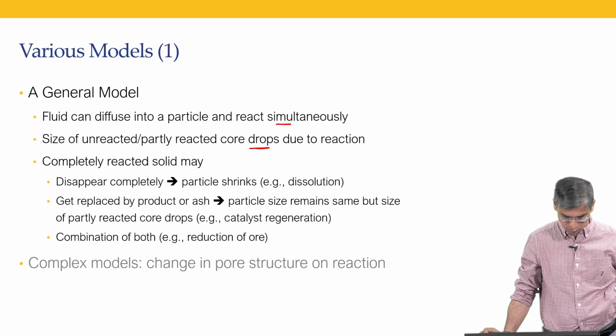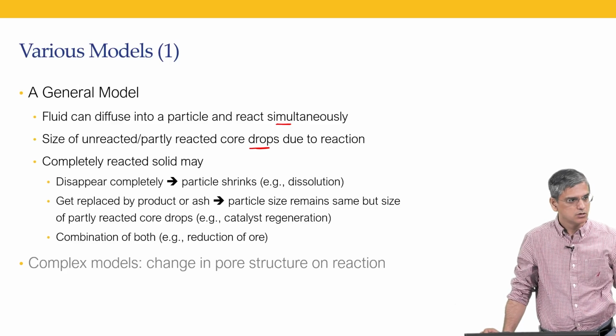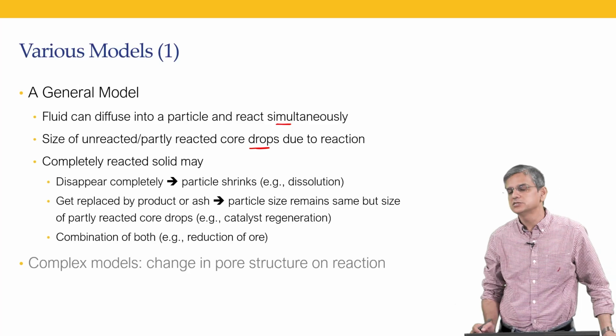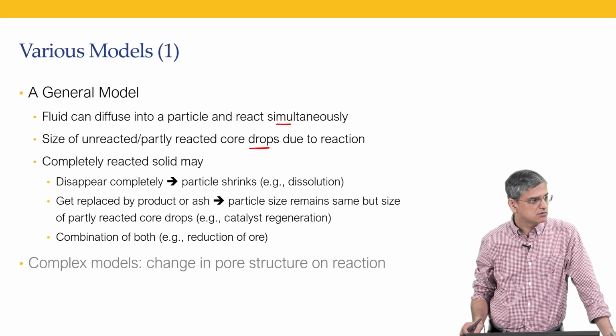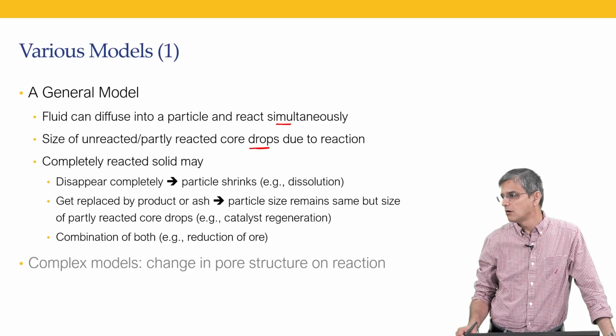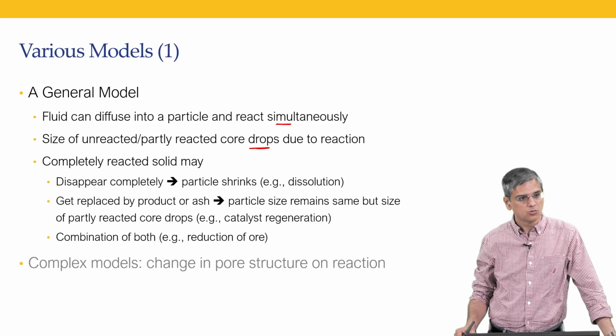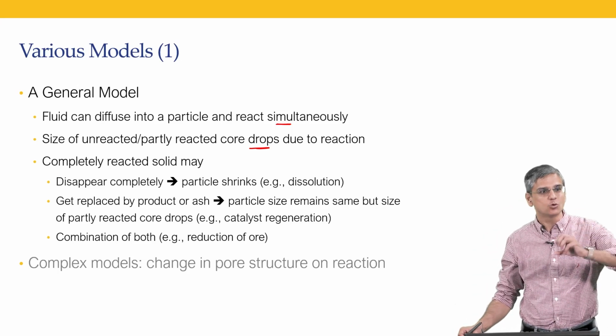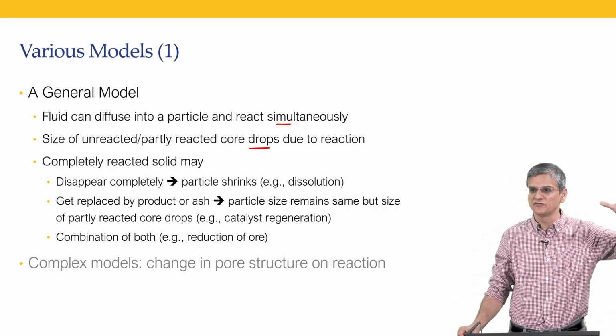Combination of both, reduction of ore, or it could be something like what happens in membrane reactors, or things that happen in your RO units, reverse osmosis units. What happens is you get a deposition of the filter cake.